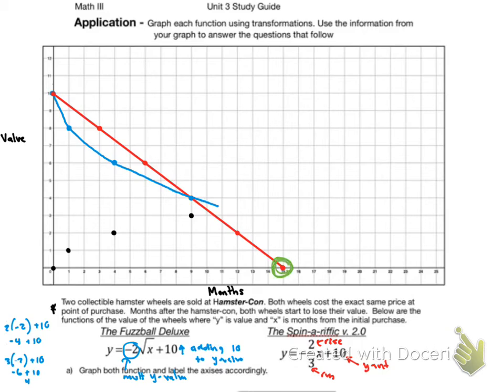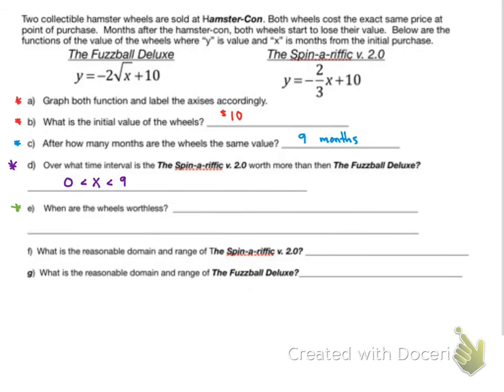After 15 months, the spinorific is worth 0. So the spinorific is worthless after 15 months.